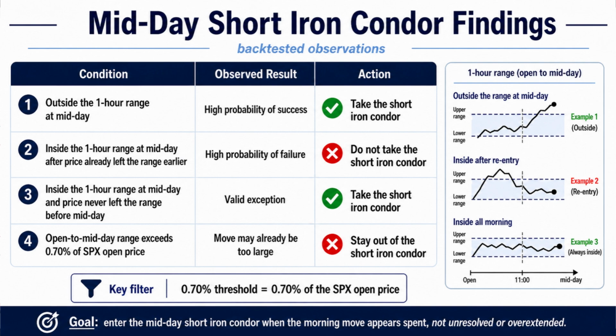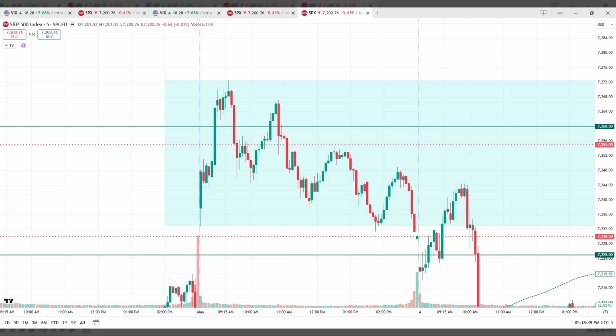Okay, and I'm going to talk about this more in a separate video, because they weren't just not optimal for the short iron condor, they were very much losing trades, which made them very optimal for the long iron condor. But I'm going to talk about that in a future video. Let's just get back to Friday's trade.